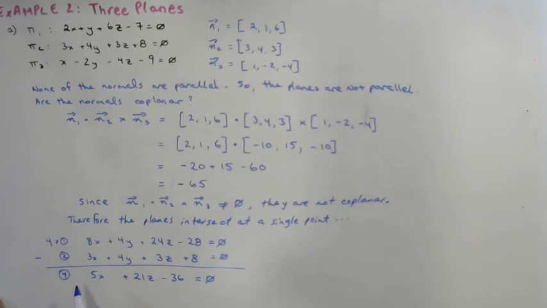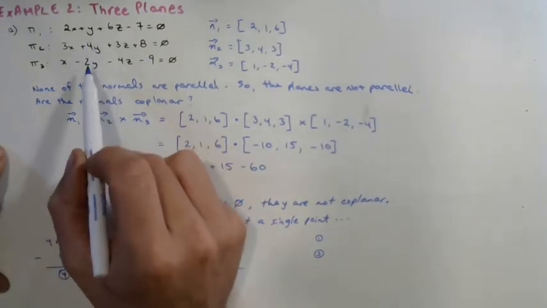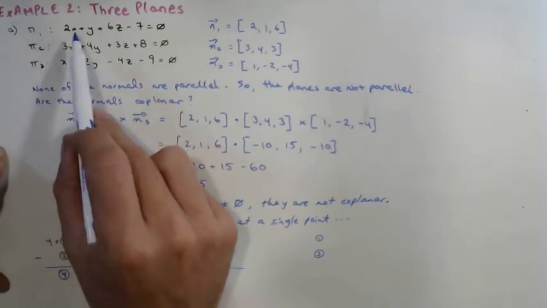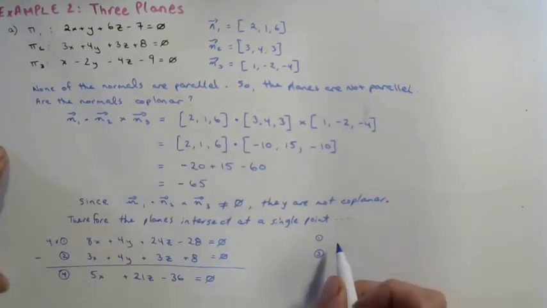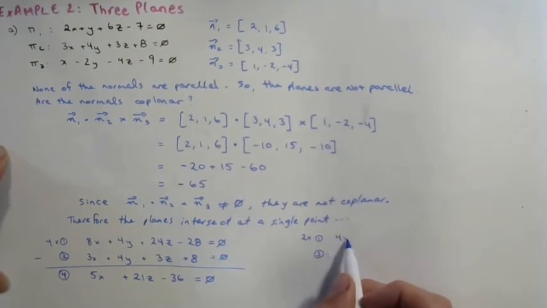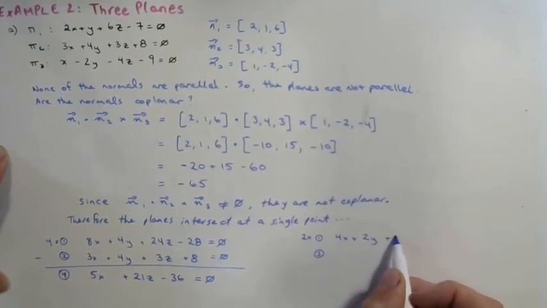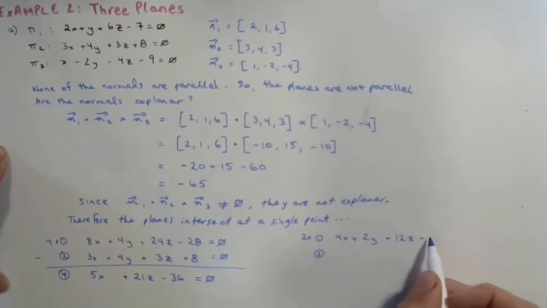So what I'm going to do is the exact same thing that I did with equation 1 and 2. We're going to do that with equation 1 and equation 3. Okay, so I want to eliminate the y's again. So it looks like I'm going to need to multiply equation 1 by 2 in order to eliminate the y's. So I got 2 times equation 1. That's going to give me 4x plus 2y plus 12z minus 14 equals 0.